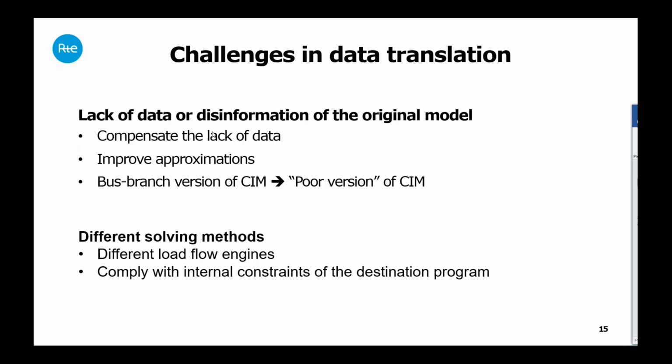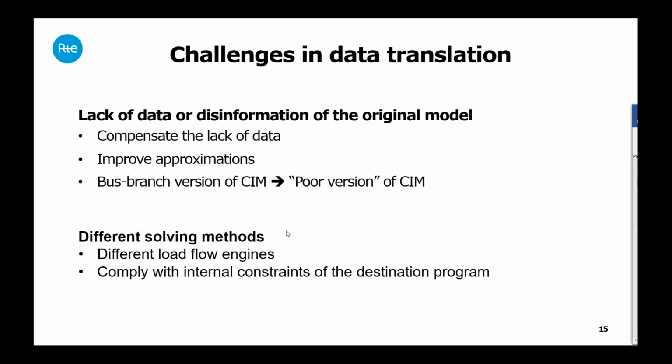Another challenge is the different solving methods, because to validate the model, or even just to make the load flow converge, we may encounter problems. Load flow engines may be different between the original and the destination software. For example, you can have automatic power transformer type changing during load flow.